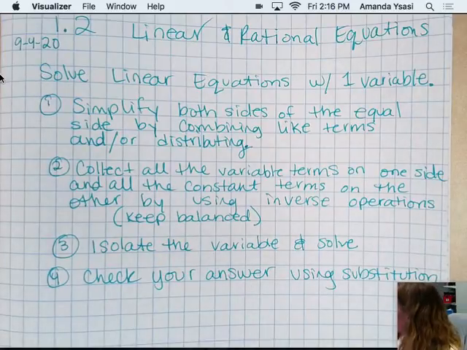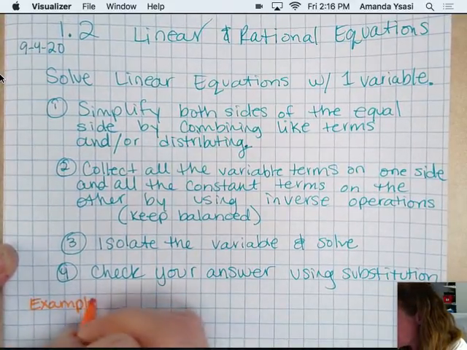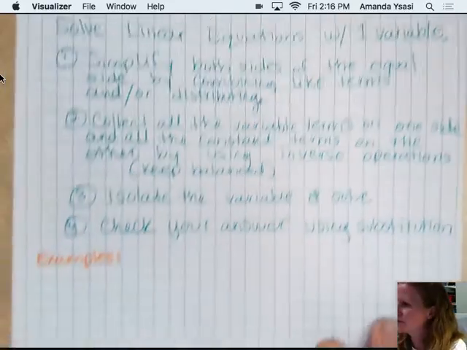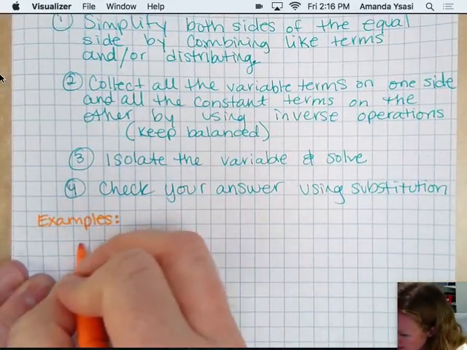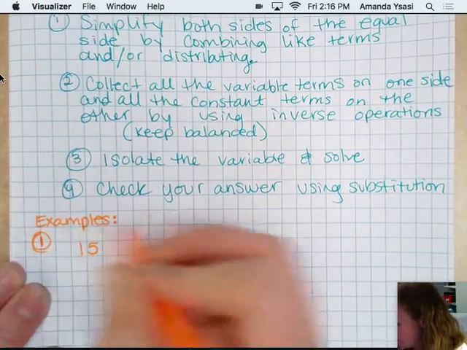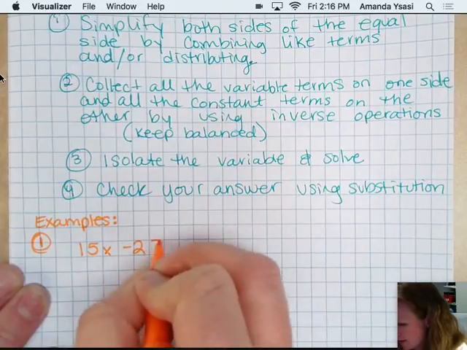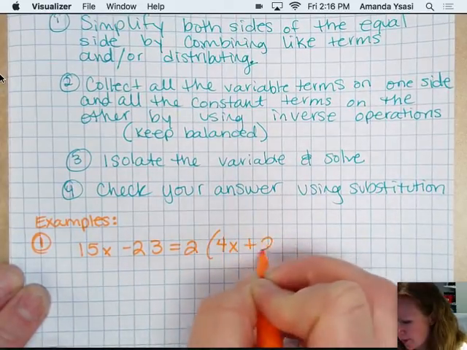Okay, pretty much a review. So let's do a problem. We'll do some examples here. We're going to do 15x minus 23 equals 2 parentheses 4x plus 20.